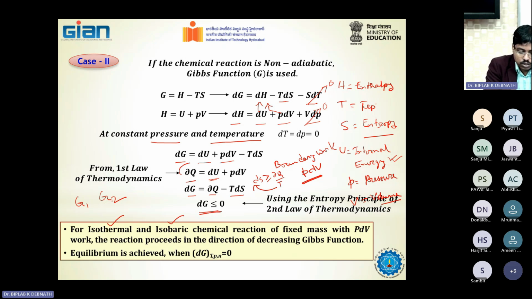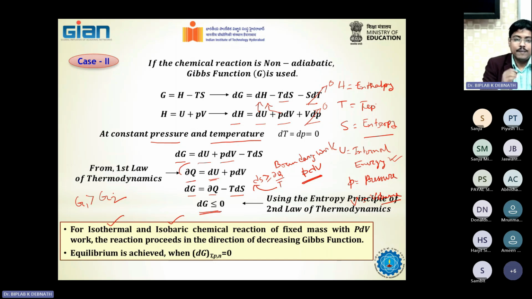Then G2 is always less than G1. That means the Gibbs function of the mixture during the chemical reaction is less than the preceding values of Gibbs function, so G2 minus G1 is always less than 0 while the chemical reaction is going on.